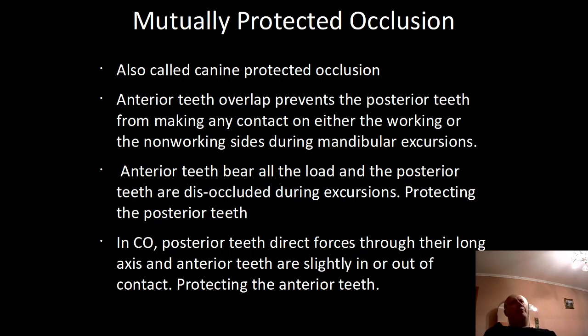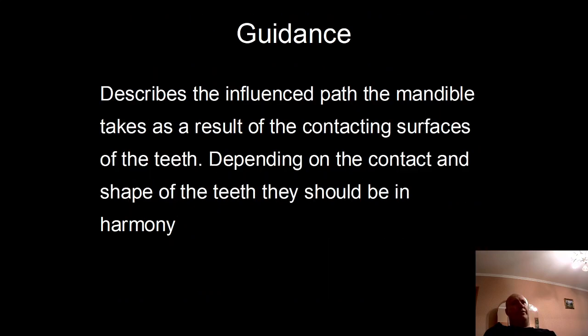Anterior teeth bear all the load, and the posterior teeth are disoccluded during excursions, protecting the posterior teeth. In central occlusion, posterior teeth direct forces through their long axis, and the anterior teeth are slightly in or out of contact, protecting the anterior teeth.